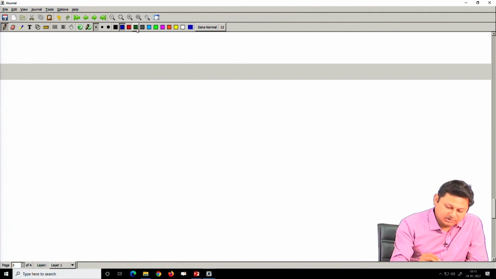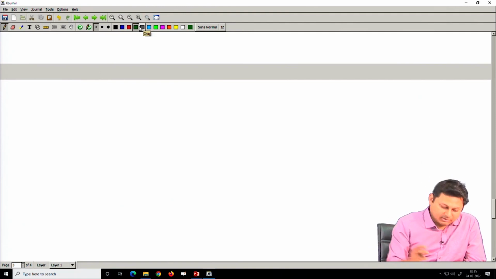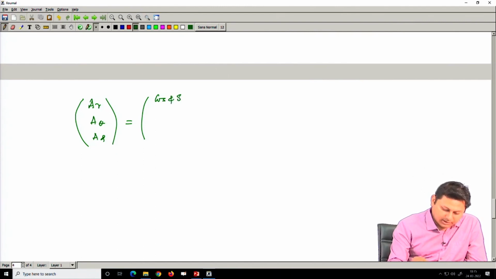After doing all this exercise, you can write the relation: Ar, A theta, A phi is equal to cos phi sin theta, sin theta sin phi, and then cos theta.